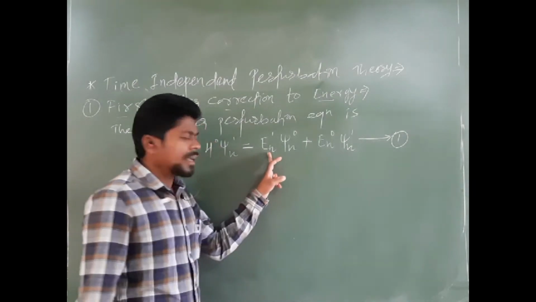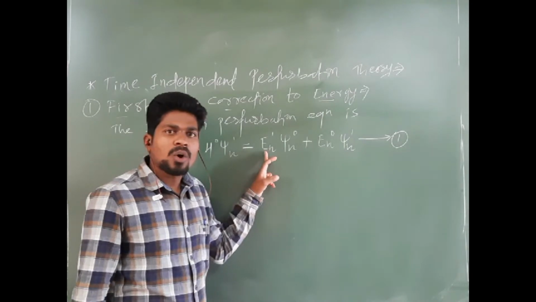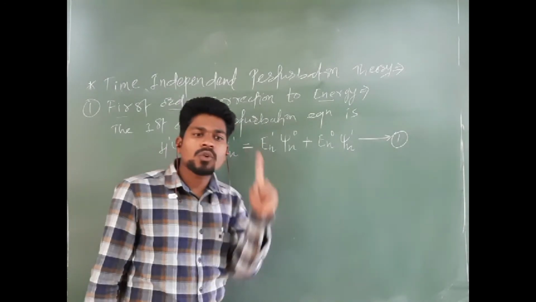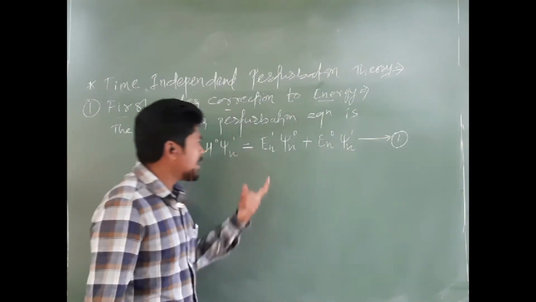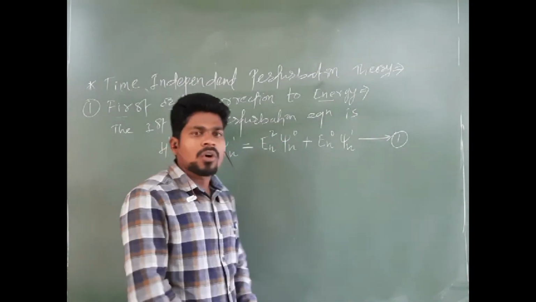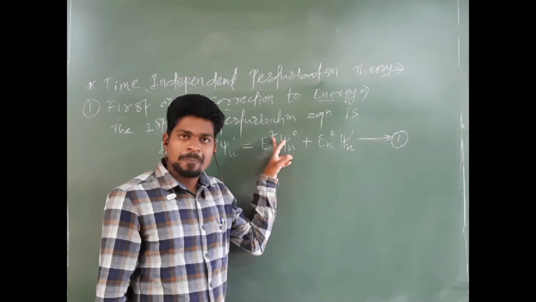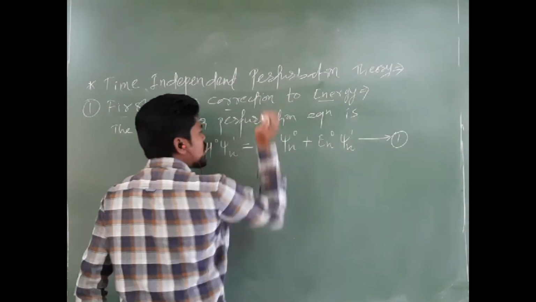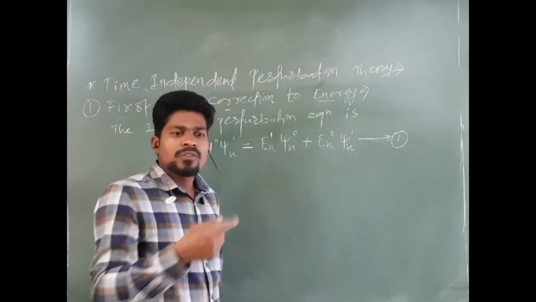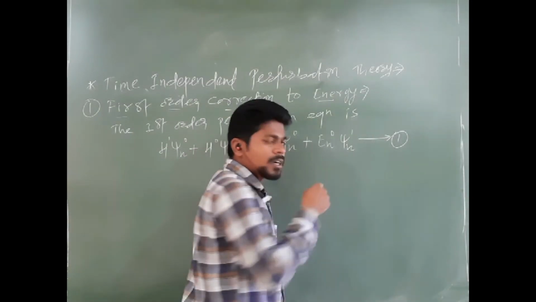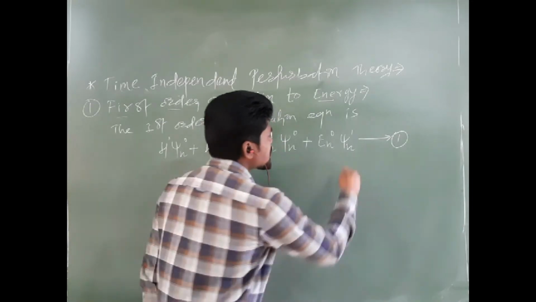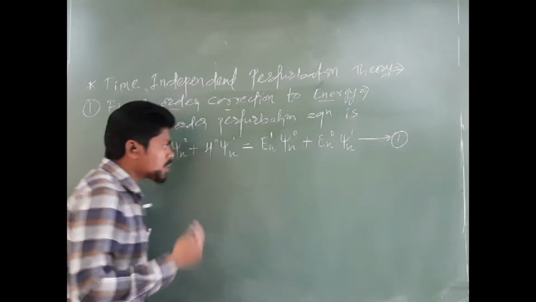This E n prime is the energy of the perturbed system, and the 1 means it is first order energy. If instead of 1 there was 2, E n 2, we would call it second order correction. But in this case it is 1 only, so it is first order correction. This psi n naught is the unperturbed wave function, this E n naught is the unperturbed energy of the unperturbed system, and this psi n prime is the perturbed wave function of the perturbed system.